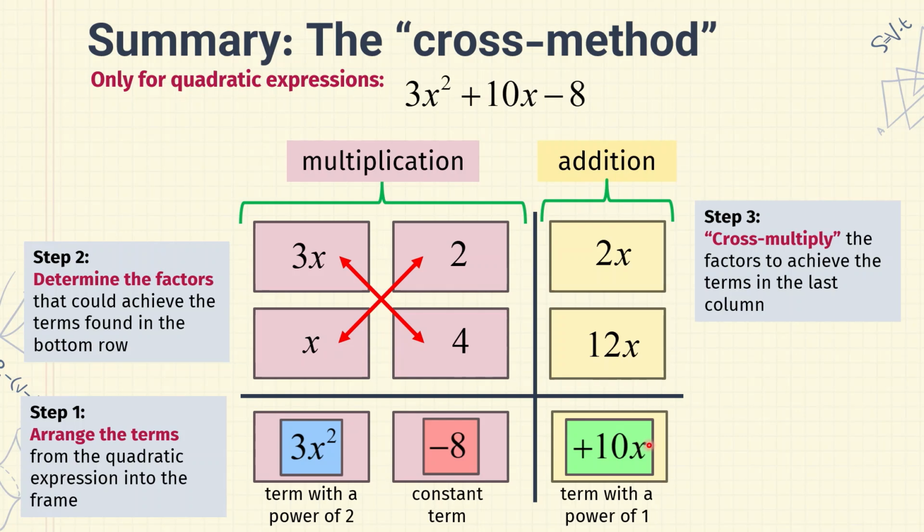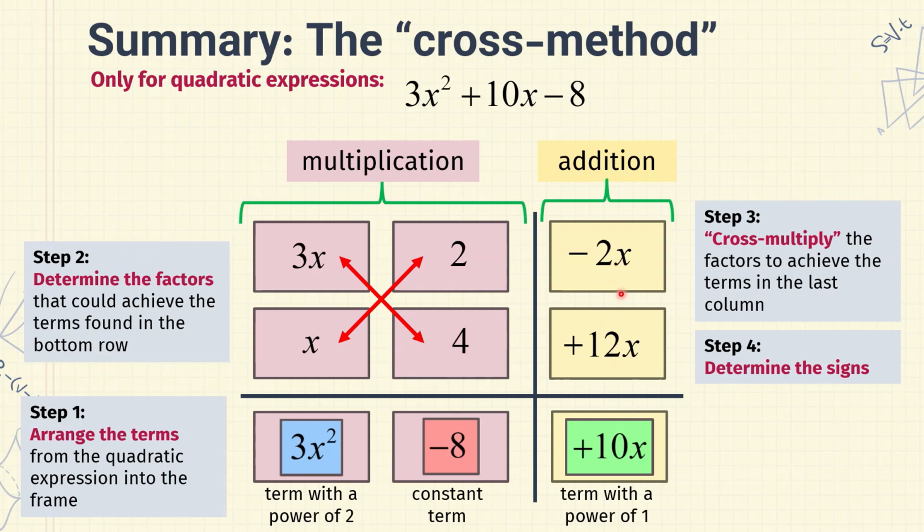This is where step 4 comes in, where we need to determine the signs. To determine the signs, we need to decide whether to have a minus sign or plus sign in front of our 2x and 12x, by deciding how we can achieve our positive 10x. If I subtract 2x away from a positive 12x, I will be able to get a positive 10x.